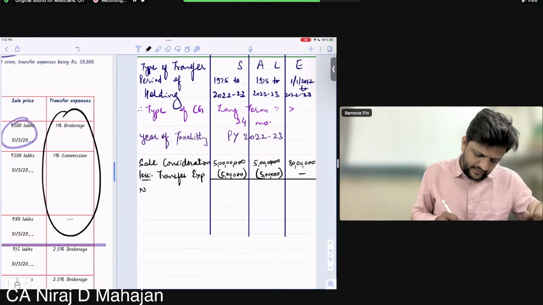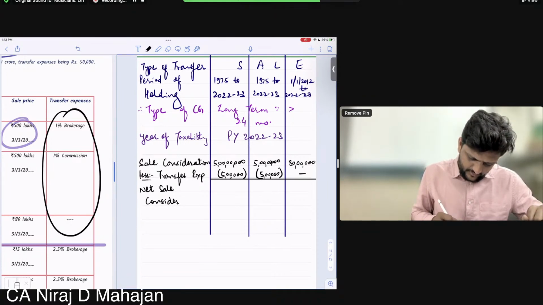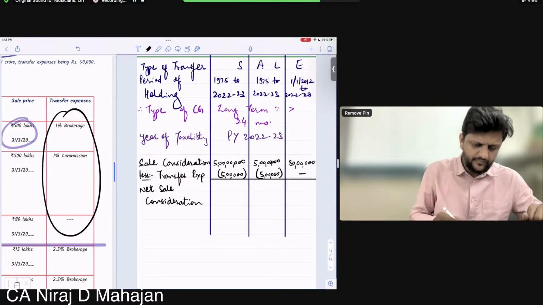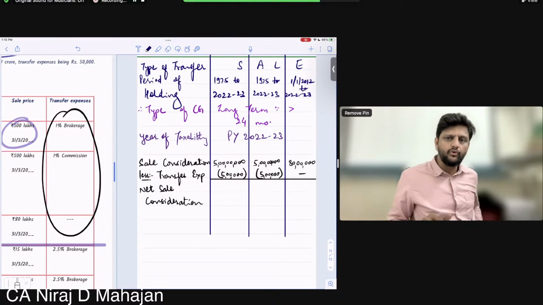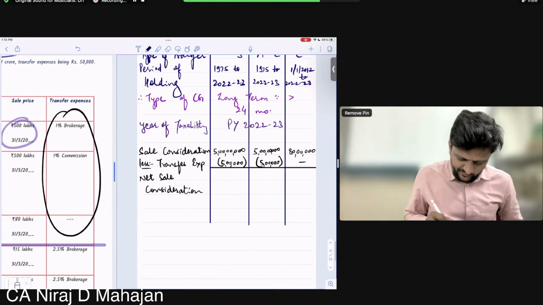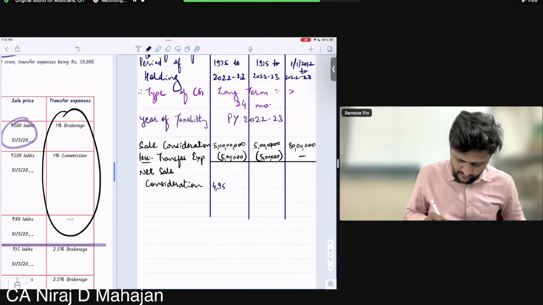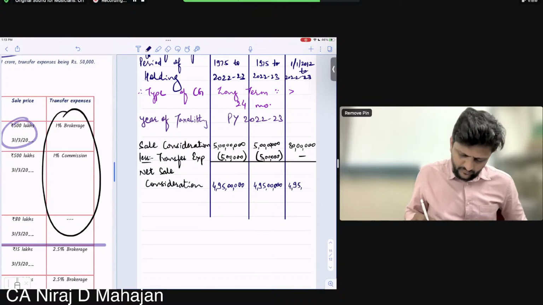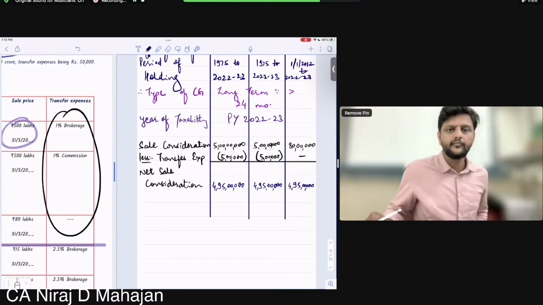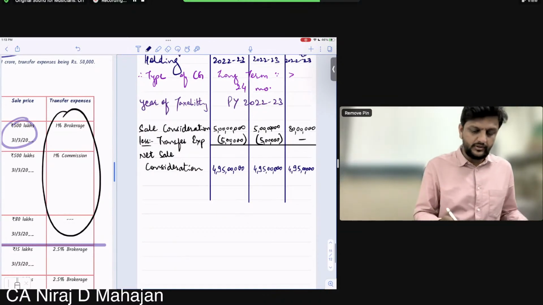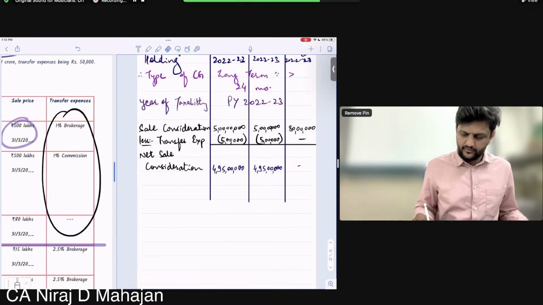We are aware बच्चों net sale consideration. So what? 4 crore 95 lakhs. This is 80 lakhs only. Sorry.